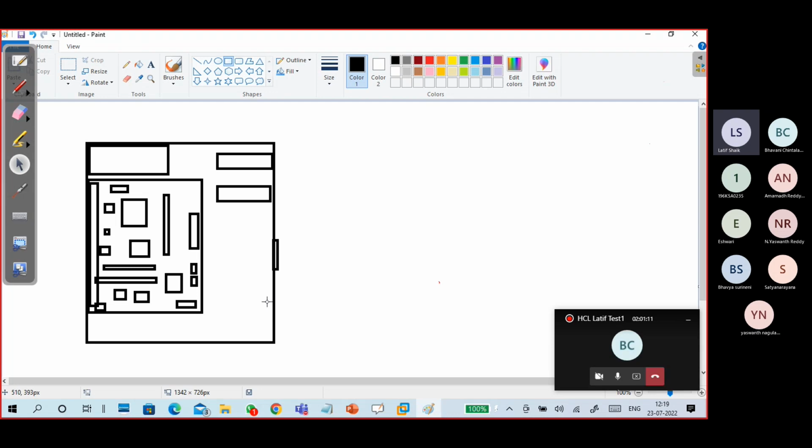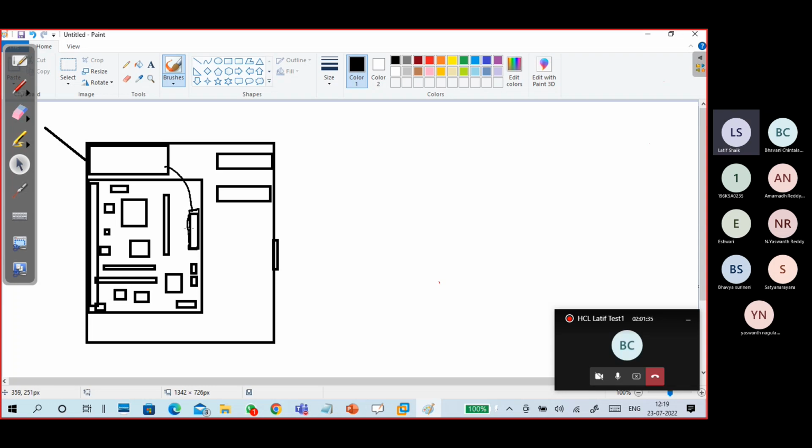For example, desktop is the best example to understand it. Next, we have a power supply from outside, okay, and then here it is. We have a cable connection there, right? So here it is.